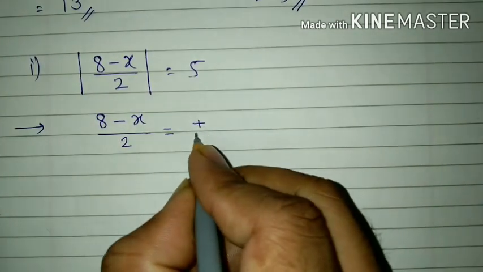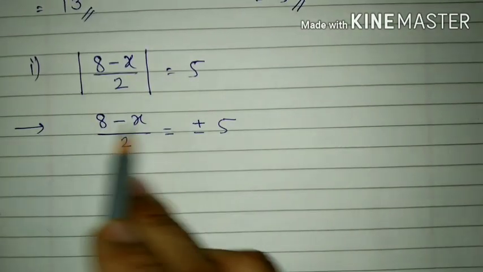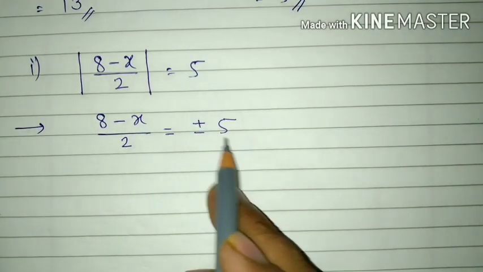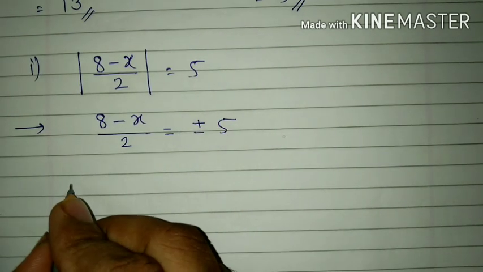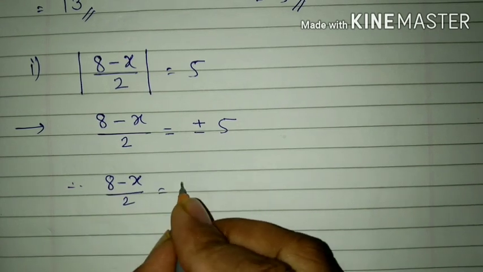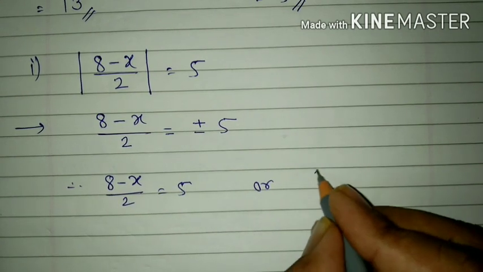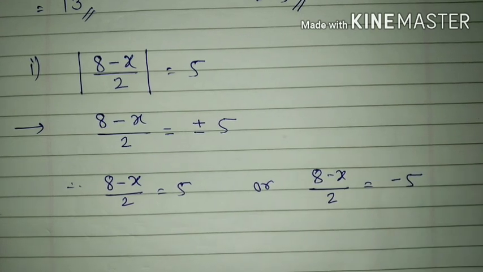It becomes plus minus 5. Okay, मॉड निकाल दिया तो आगे जो भी वैल्यूज है it becomes plus minus and 5 is there, therefore it is plus minus 5. So therefore we can write 8 minus x upon 2 is equal to 5, or 8 minus x upon 2 is equal to minus 5.